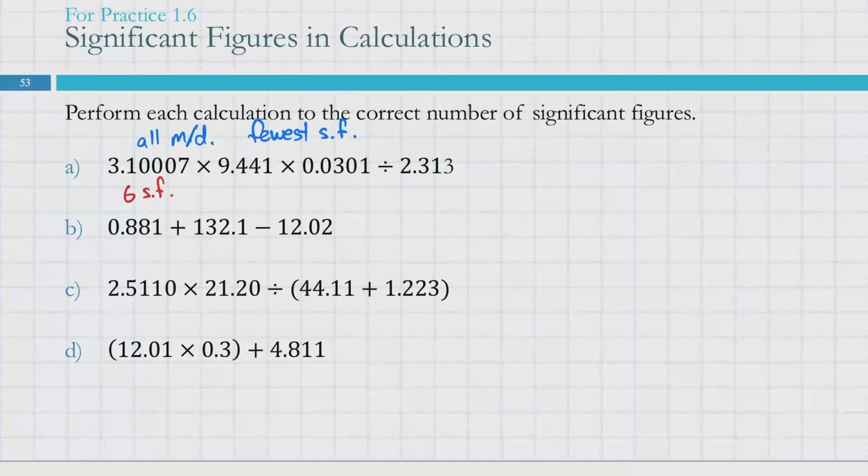We've got 6 significant figures. Our second one is all non-zero numbers, 4 significant figures. Our third one, these leading zeros do not count, and so we've got 3 significant figures. And then the last one, we've got 4 significant figures. So the smallest of those is 3 significant figures. So our answer should have 3 significant figures.